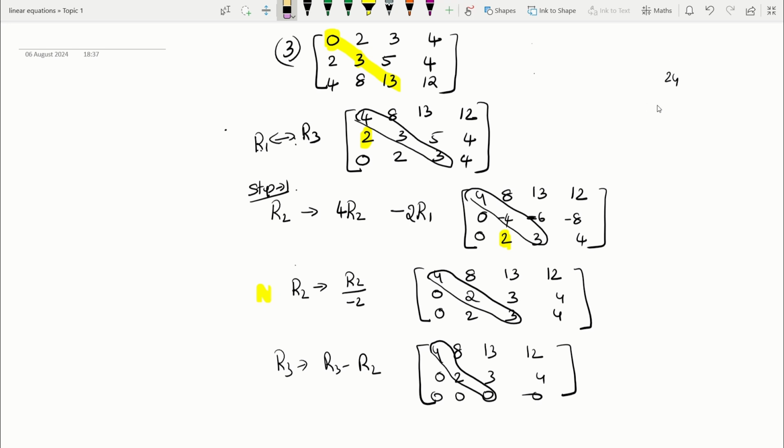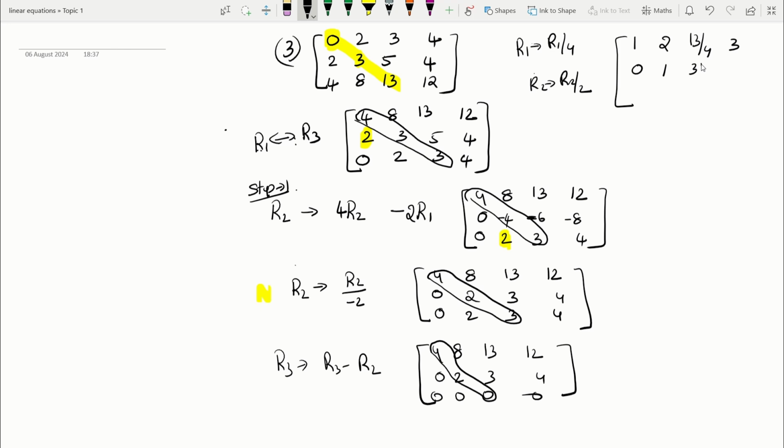Now see here, 4 2 0, this is the diagonal element, always A11 A22 A33. First row first column, second row second column, third row third column. See, all below the elements I got the 0. This is in echelon form only, but perfect echelon form we want, right? For that what we will do, perfect echelon form means diagonal elements we have to make.